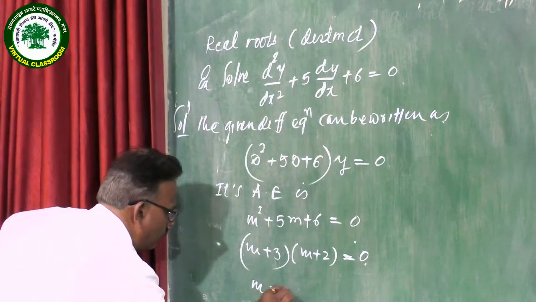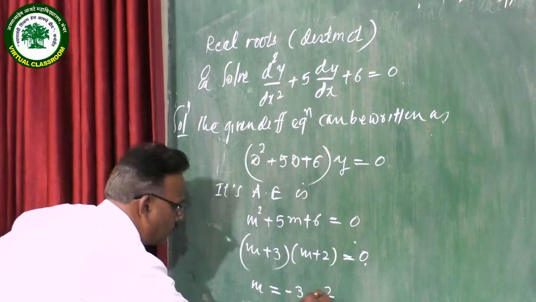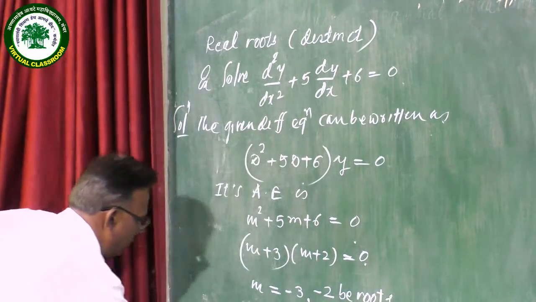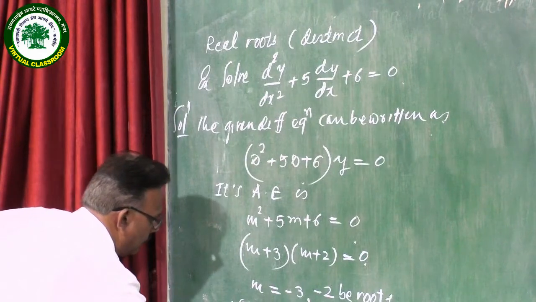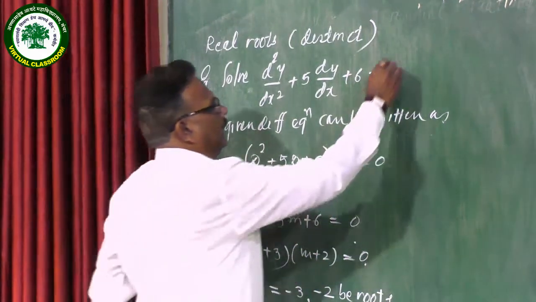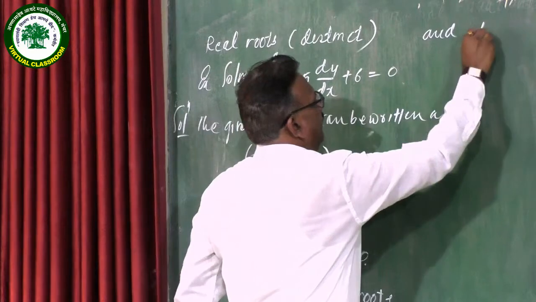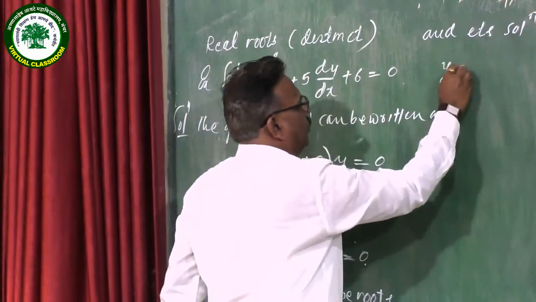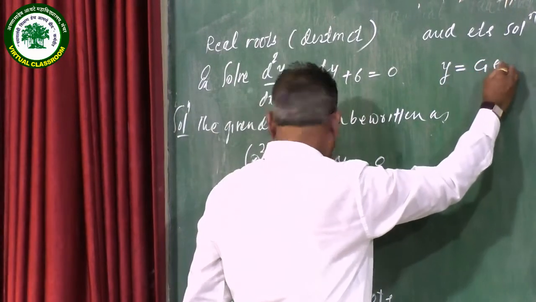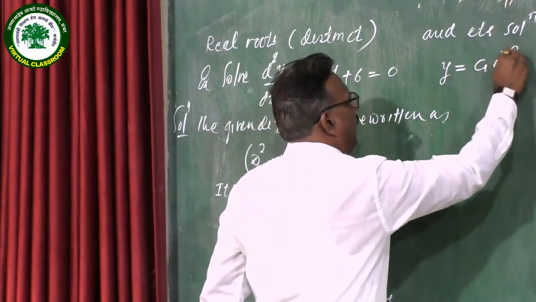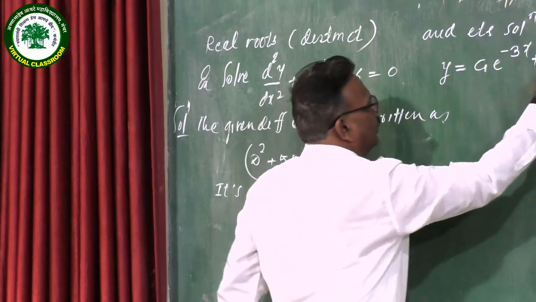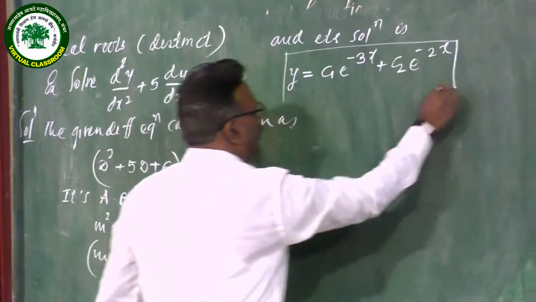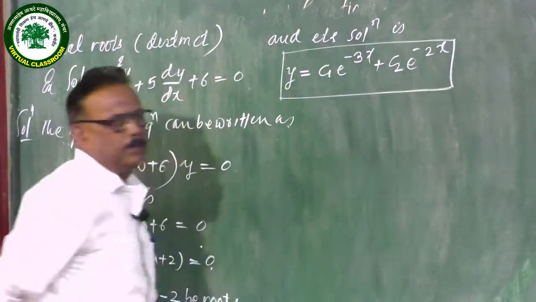Therefore, m is equal to minus 3 and minus 2 are roots of the auxiliary equation, and its solution is y is equal to c1 e raised to minus 3x plus c2 e raised to minus 2x. That is the solution of the given differential equation.